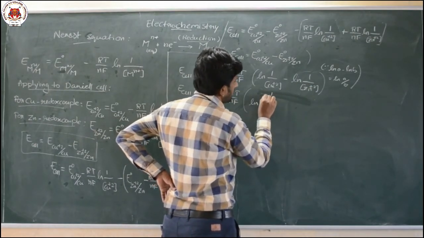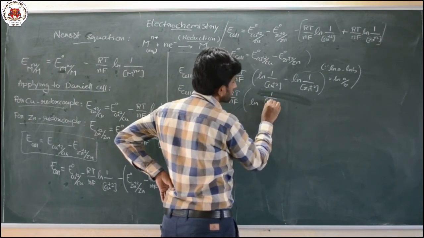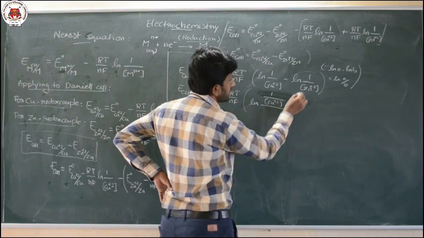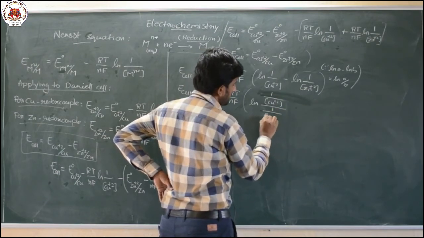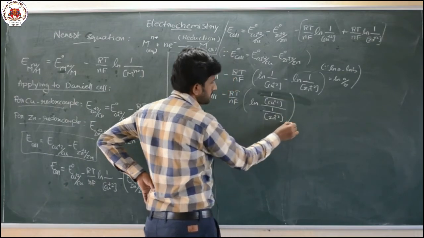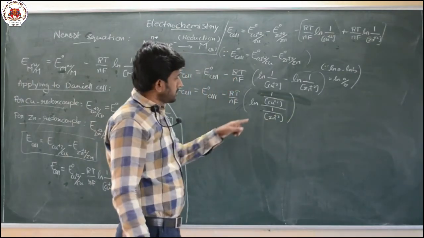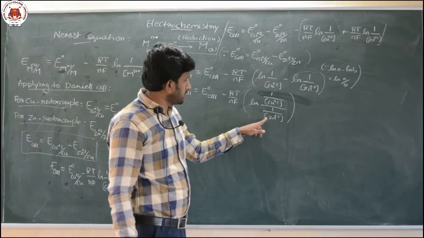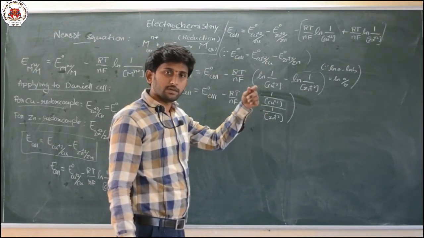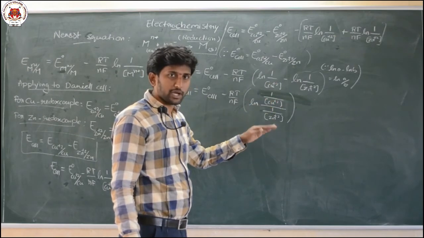A is 1 by copper plus 2 divided by 1 by zinc plus 2. If you take the 1 by zinc plus 2 to the numerator, it becomes concentration of zinc plus 2 by 1.